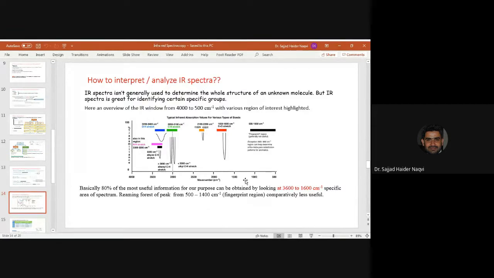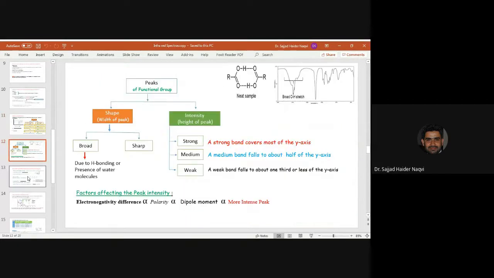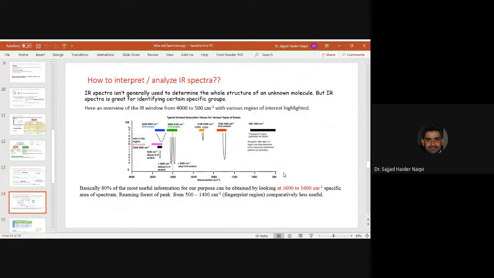Because of its complicated nature, where the peaks are so close, joined together and overlapping, it is very difficult to do the analysis in this region. That's why we are not very interested in the fingerprint region. Rather, we are interested in this region where we have separated, well-defined, identifiable peaks, and that is the most important part of the IR spectrum.